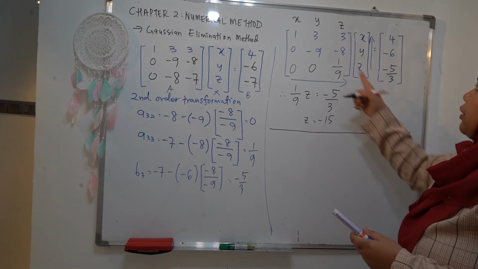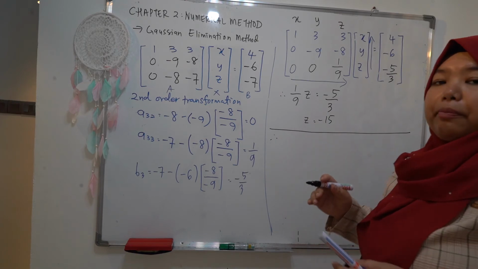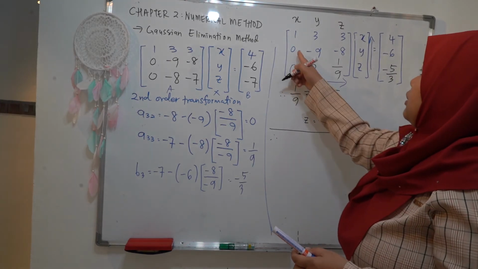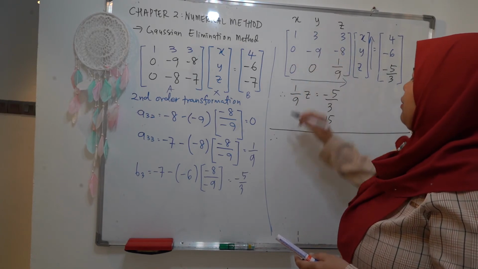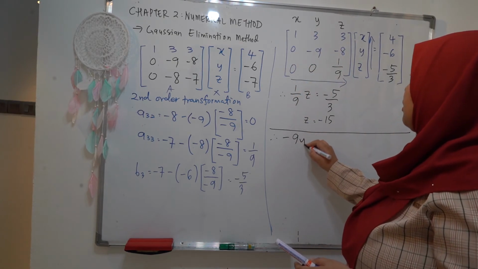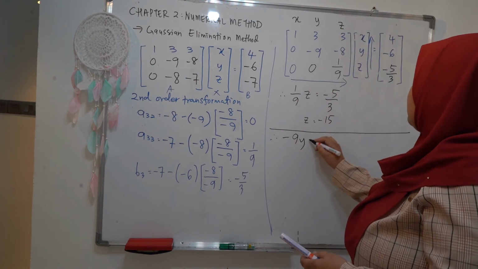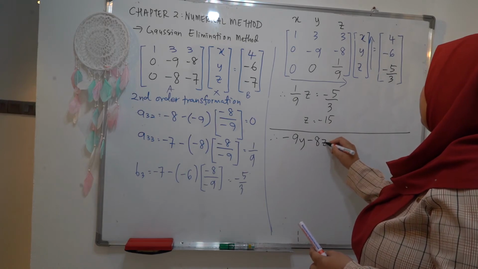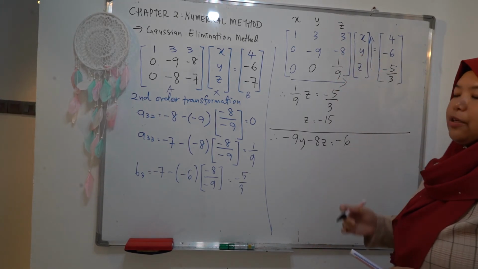I continue with the second row, so I want to get y. We repeat the same step. 0 times x is 0, and then -9y, plus -8 times z, so -8z equals -6.